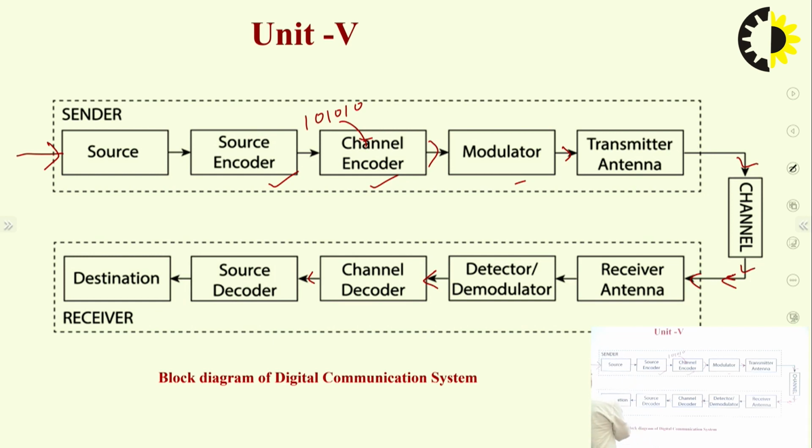Then it will go to the destination, in the form of receiver, and you will get the information. The same information that you sent from here should be received here, only then your objective will be fulfilled. So this is the simple basic block diagram of a communication system.